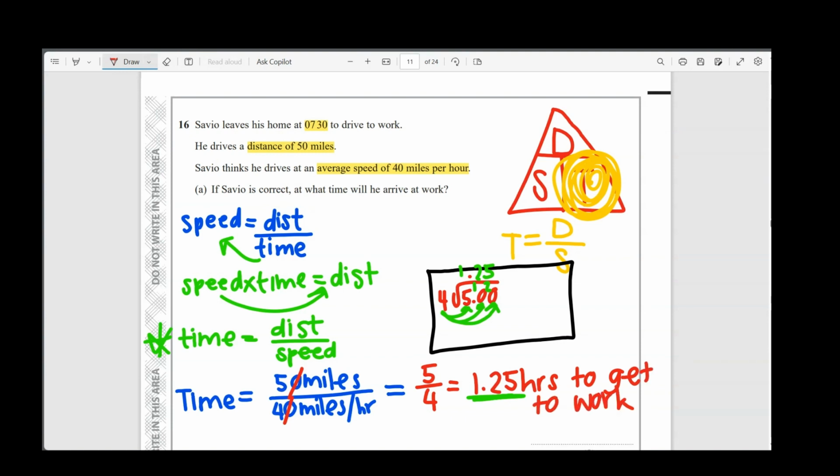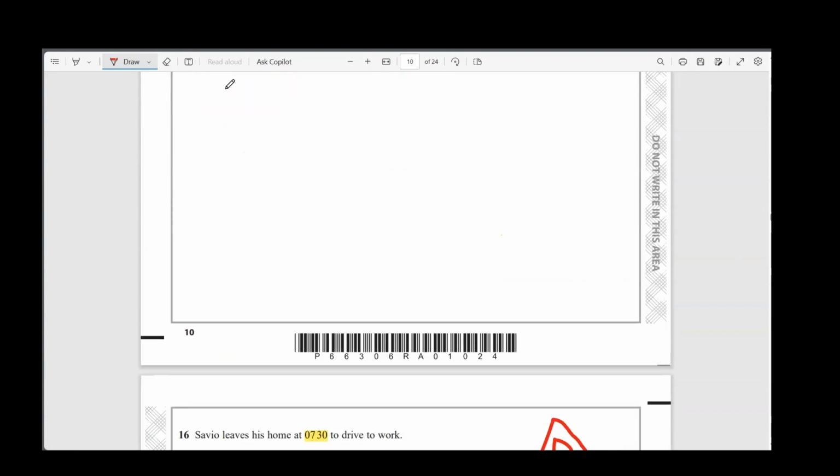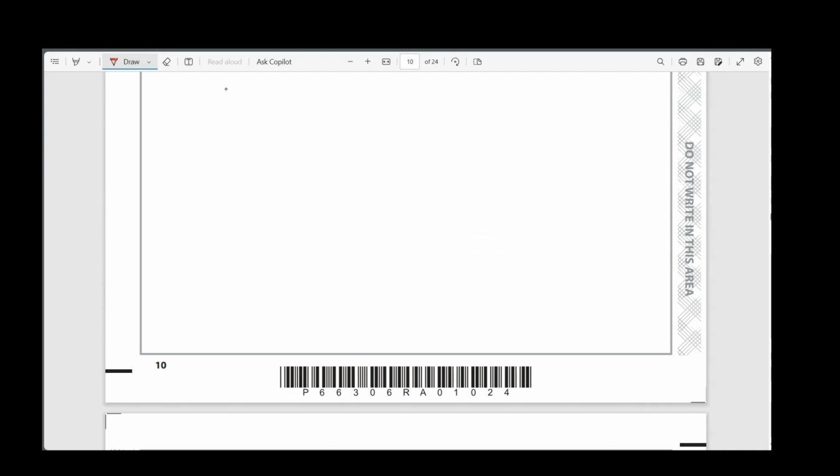What we then need to do is work out how long that actually is. So I don't know what 0.25 hours is. So we would have to then work out, let's see. Okay, so we've got 1.25 hours. So we know this 1 is just 1 hour. That's fine. Let's work out this 0.25.